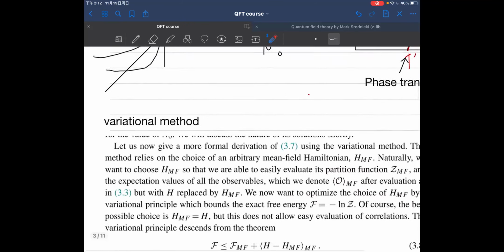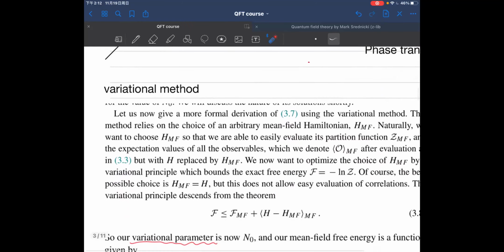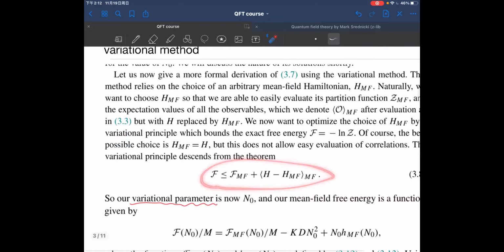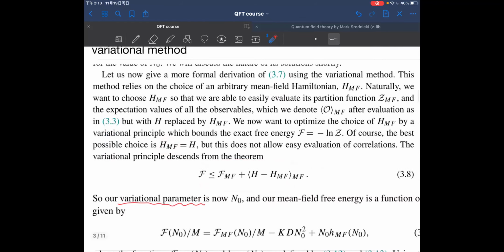Actually, what we do is just a special type of variational method. The variational method is based on this inequality, which means that we can choose a simple mean field Hamiltonian, then use this Hamiltonian to calculate this quantity, and it is a bound of the exact free energy.